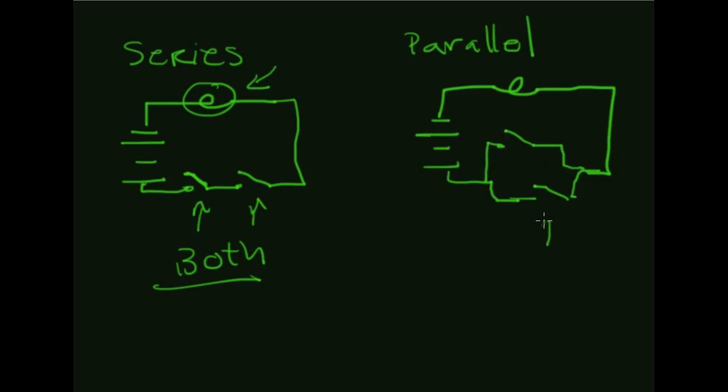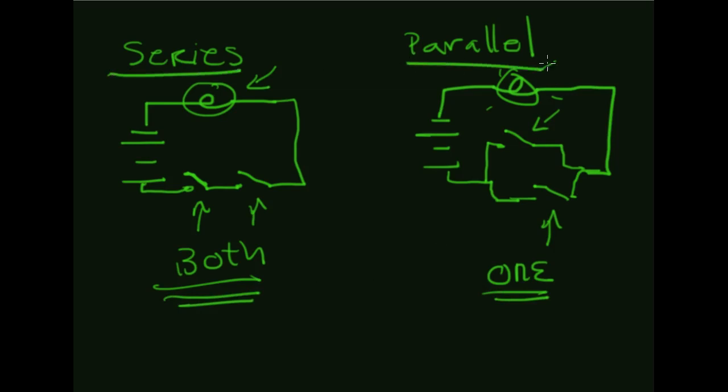So if this switch is closed, the lamp lights. If this switch is closed, the lamp lights. One could be open, one could be closed, and the lamp will still light up. If they're both closed, the lamp will light. You only have to have one switch closed in order to complete the circuit. So this is called wiring switches in series, and this is wiring switches in parallel.